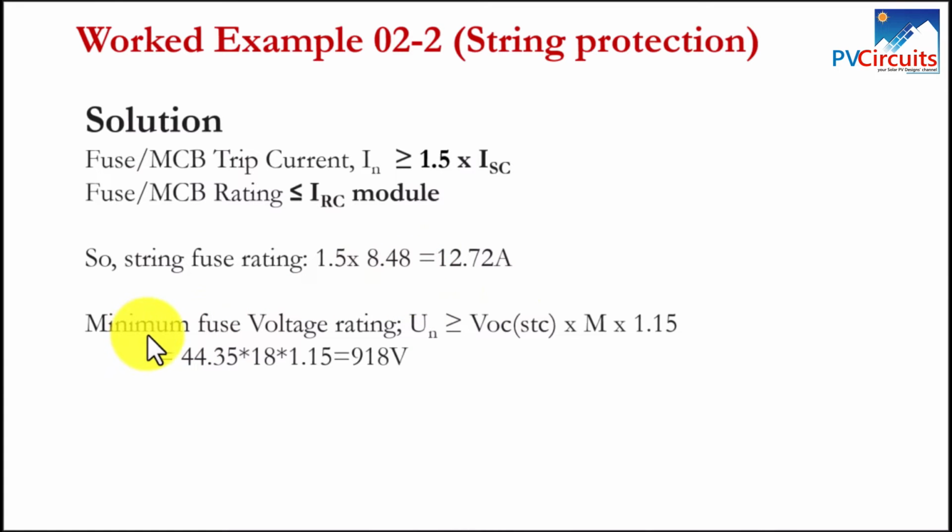And we check the voltage to see if it is less than 1000, which is the rating required for the overcurrent protection device. This is 44.35 times 18, which gives us 918 volts, and this is less than the 1000 volts required for the rating of the device.